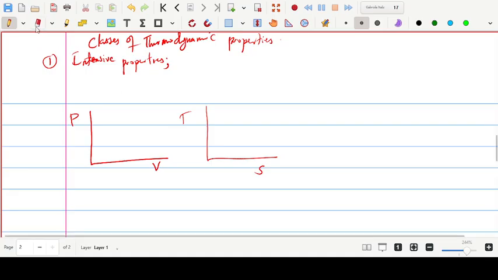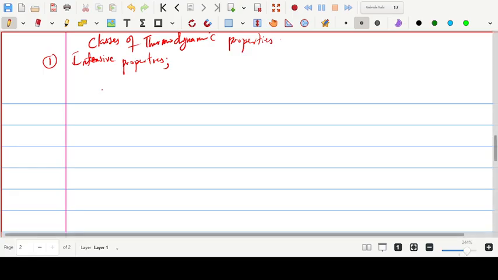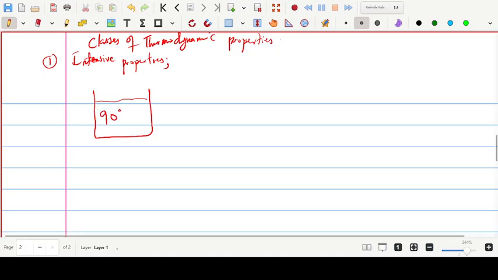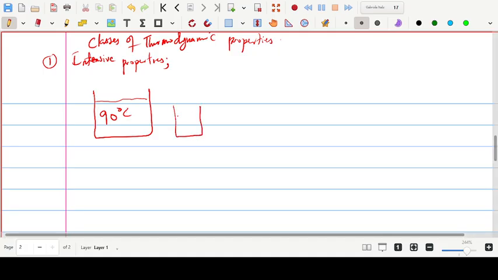So here, let me erase this. Intensive properties are independent of mass. Let us take for example, this is a bowl, you have water inside this bowl. So this water is, let me put, 90 degrees Celsius. Now you have a smaller cup.